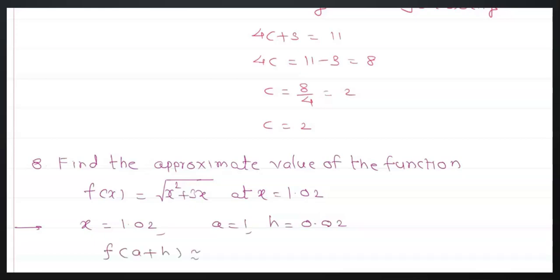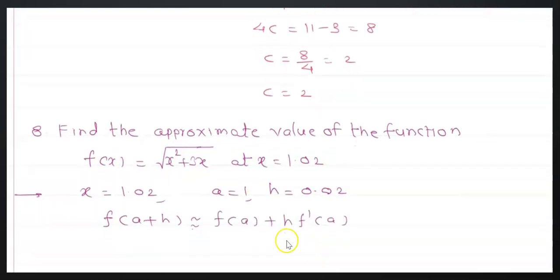Here a is equal to 1 and h is equal to 0.02. And this is the formula, that is f of a plus h is approximately equal to f of a plus h into f dash of a.